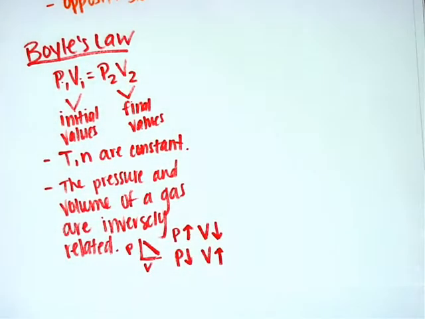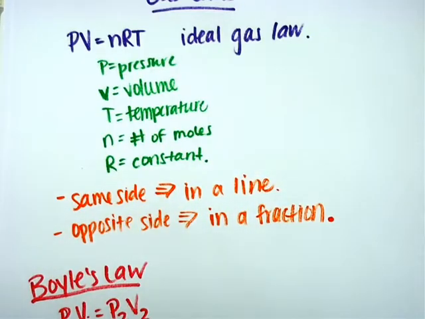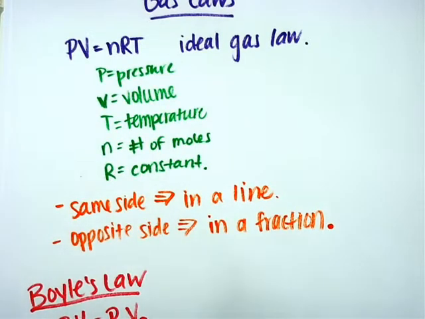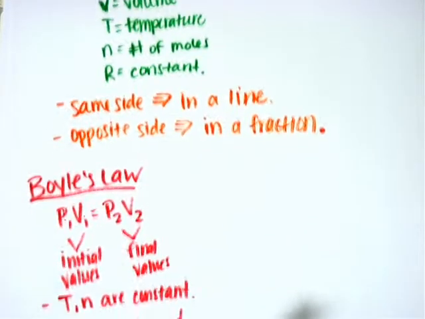Okay, so there's one of our laws. And let's figure out what our next one will be. So our next one, we want to make a law with our volume and our temperature. So that means that our pressure and our number of moles are going to be constant. So our volume and temperature, V and T, on the same side or opposite sides? They're on opposite sides. So we're going to write them in a fraction. So here's what that is going to look like.